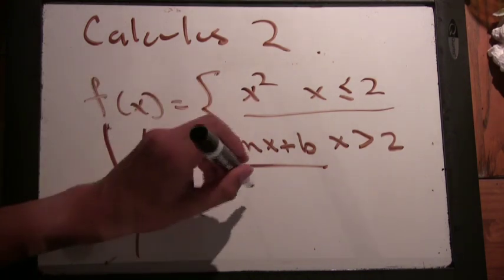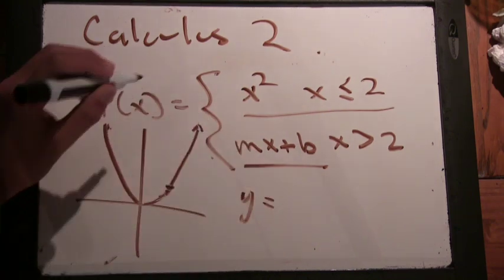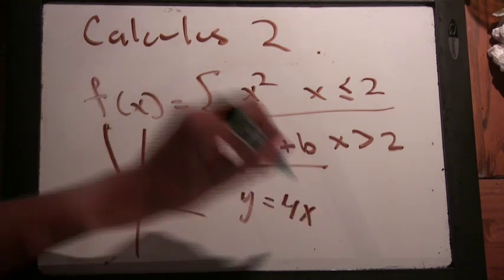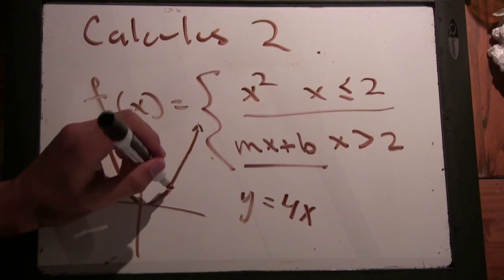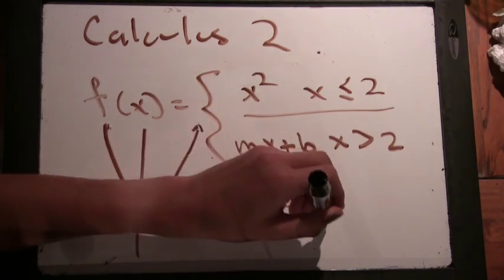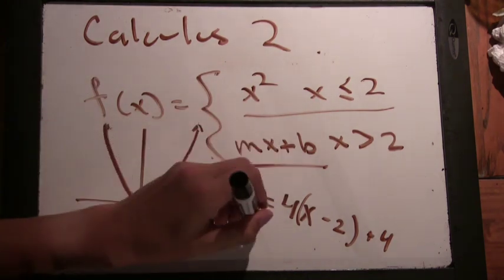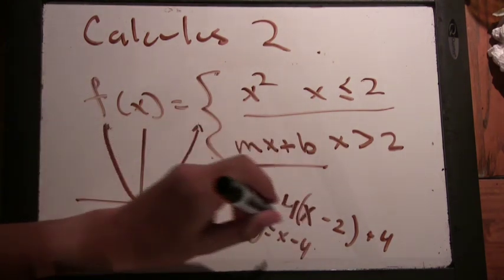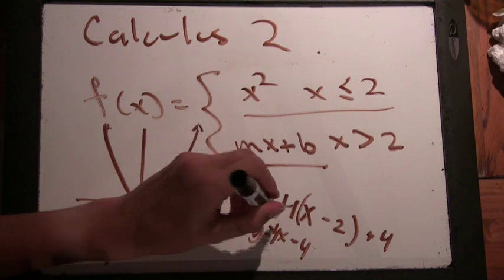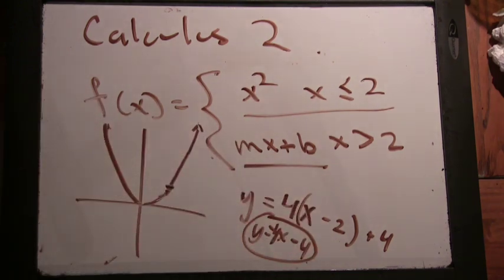So maybe we could say y is 4 times x minus 2, so y is 4x minus 4. So maybe this works.